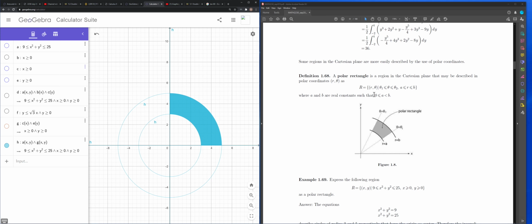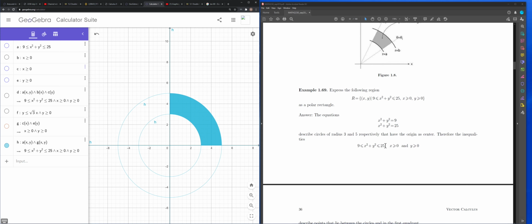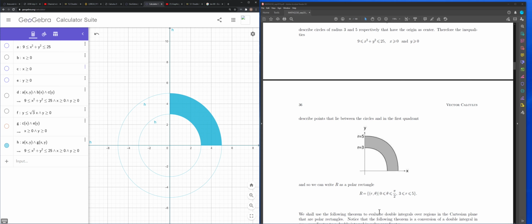And this y-axis makes 90 degrees, or pi on 2 radians. So your theta 2 is equal to pi on 2. That's how we get the values for a polar rectangle. So the answer here is that r lies between 3 and 5, and theta lies between angle 0 and angle pi on 2.